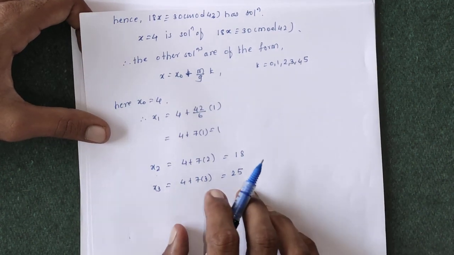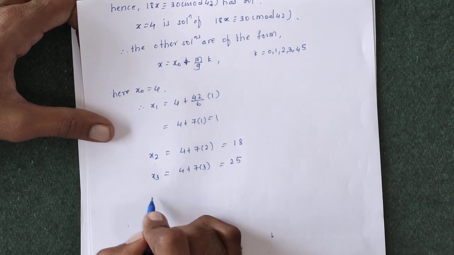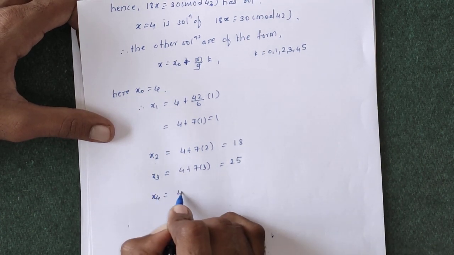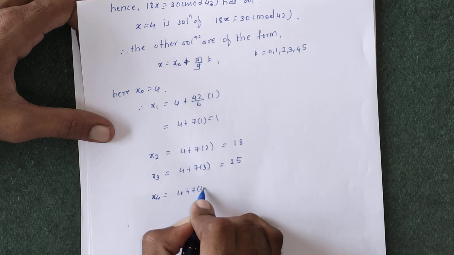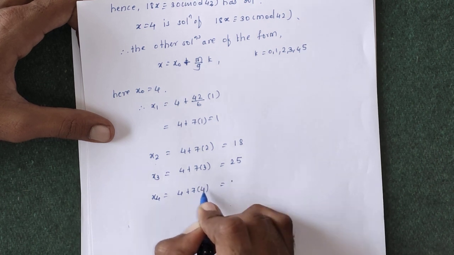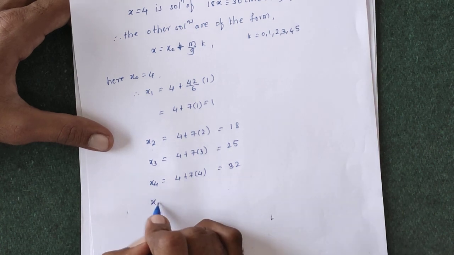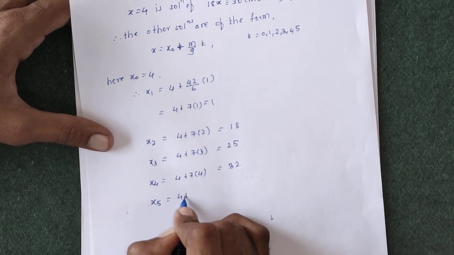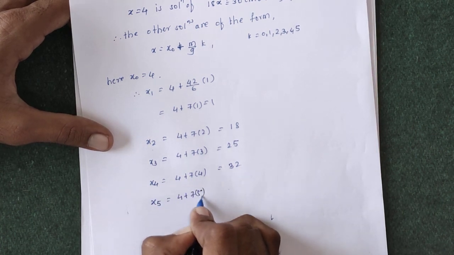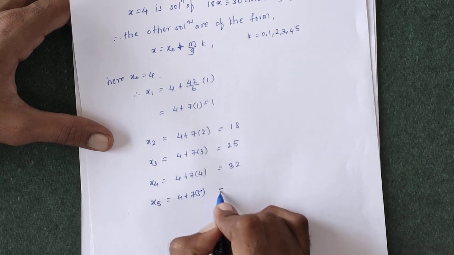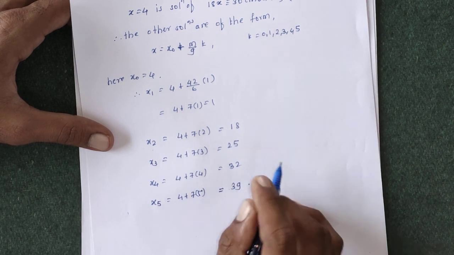Now we find the remaining two solutions. x4 equals 4 plus 7 into 4, which is 28 plus 4, 32, and the last solution is 4 plus 7 into 5, which is 35 plus 4, 39.